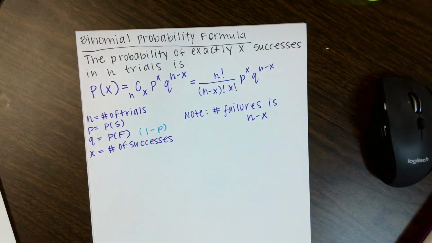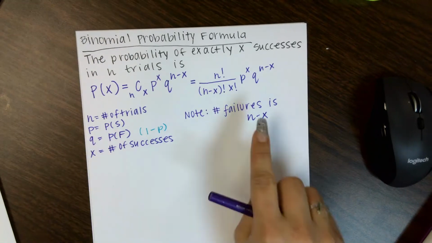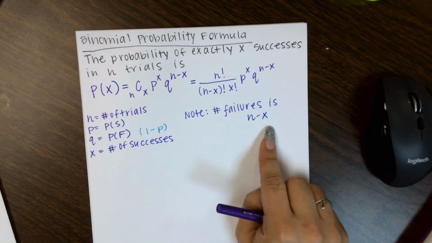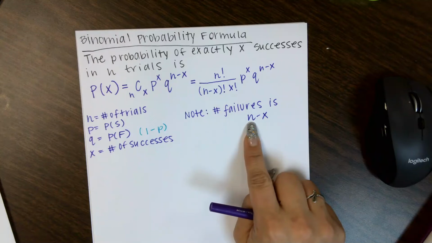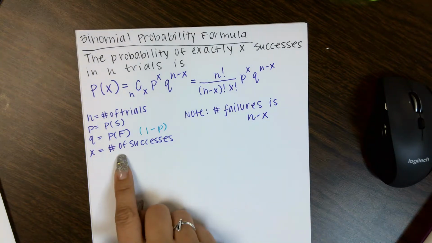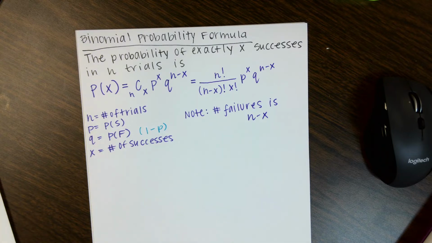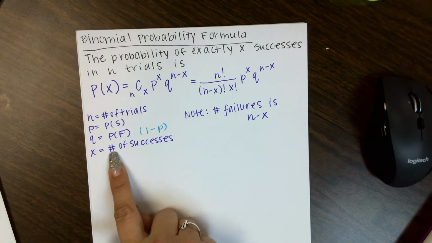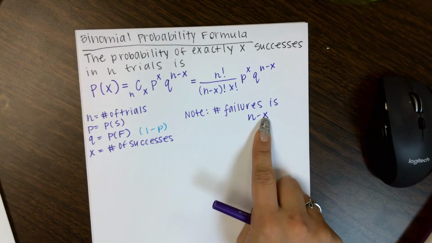Not the probability of failures, that's q. It's the number of failures. If I take the number of times I perform this trial and I subtract away the successes, what I end up getting is the number of failures, right? X is number of successes. N minus x, number of failures.